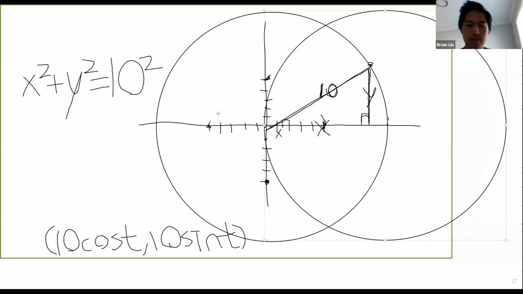Okay, so this point right here, move 10 to the right, goes to this point right here. And it's supposed to be the origin, but the drawing on the whiteboard is a little different. So this point right here goes 10 to the right. This point right here goes 10 to the right. And this point right here goes 10 to the right. The center also moves 10 to the right.